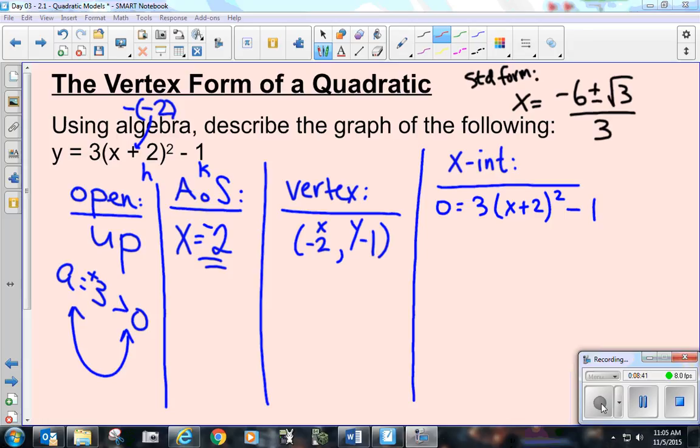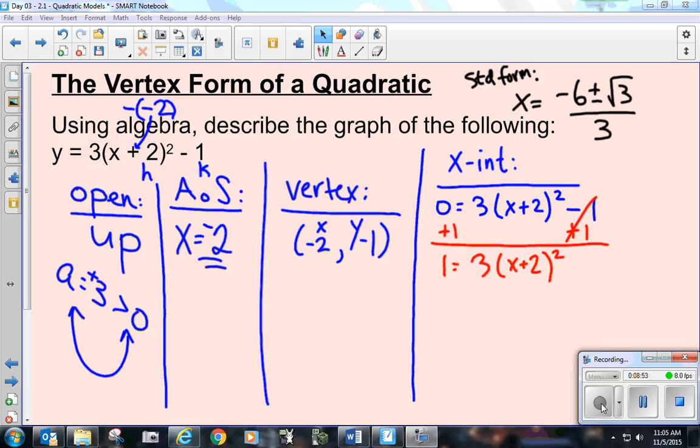Yeah, I'm going to add 1 to both sides. So when I do this, I've got 1 equals 3 times the quantity x plus 2 squared. What's the next thing I should get rid of? The 3. Yeah, the 3. It's reverse order of operations, right? I'm going to get rid of the 3.